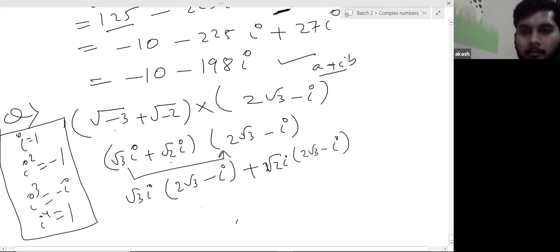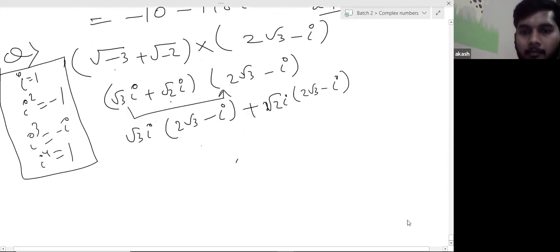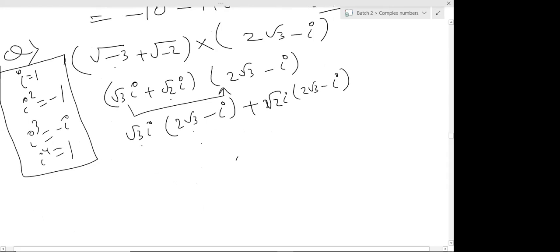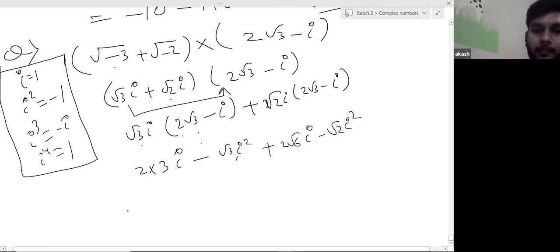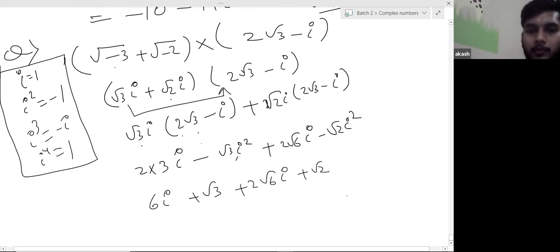So again, we can open the brackets. So this will be root 3i into 2 root 3, so 2 into 3i, minus root 3i square, plus 2 root 6i minus root 2i square. So we have 6i plus root 3 plus 2 root 6i plus root 2, right?